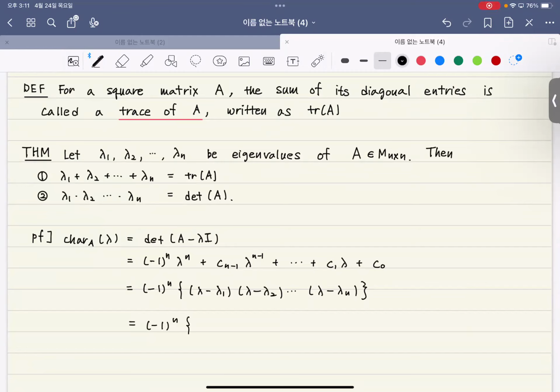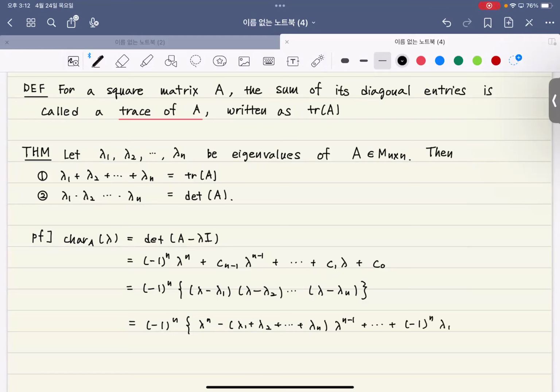If you expand this polynomial, then you have lambda to the n, minus lambda 1 plus lambda 2 plus through lambda n, times lambda to the n minus 1, plus and so on.